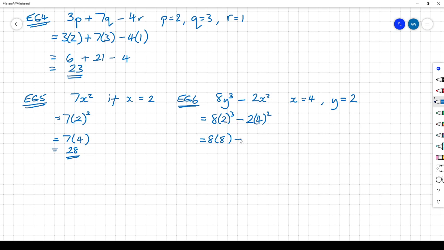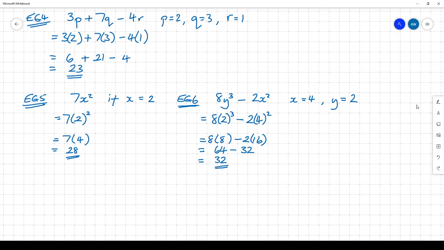Then for this one, minus 2, we've got to do the 4 squared first, which is 16. 8 eights are 64. It helps to know your tables, doesn't it, if you just speed things up. Minus times a plus again: minus 2 times 16 is 32. And 64, take away 32, is a nice 32. So there's an example with some indices too.